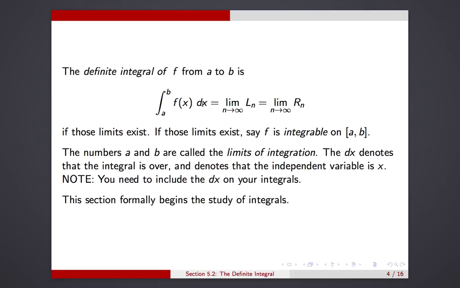But you need that there because in higher level courses, particularly Calculus 3, you have multiple independent variables running around. So you need to be completely explicit about what variable this integral is happening with respect to. Also, notation-wise, when you write an integral down, you always have to have that there, or you will lose a point. It's proper notation for these two reasons.